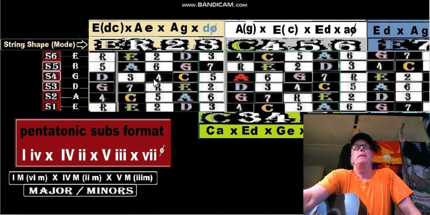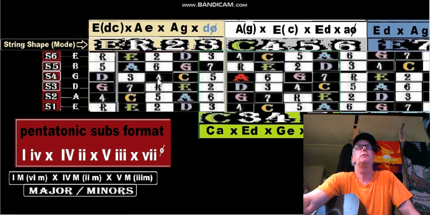So the 3-4-5 C string shape would usually go to 6-7 root in the build we were looking at before, the little chart. But instead we're going to cut out 3-4 and then go to 5-6-7.